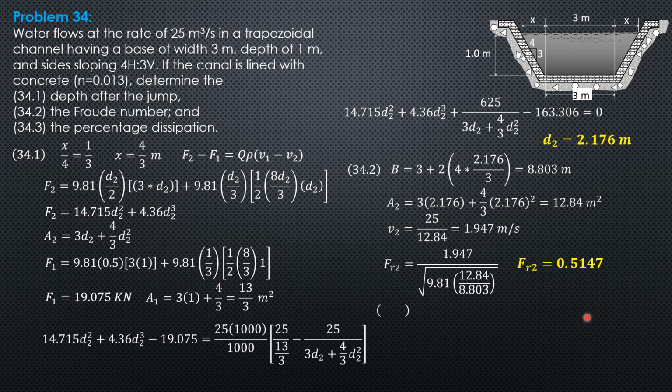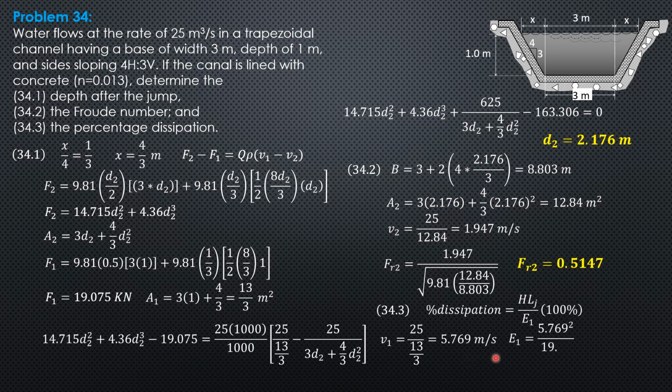Then the percentage dissipation, that's head loss over specific energy 1 times 100%, where head loss is specific energy 1 minus specific energy 2. So V1 is Q over area 1, 5.769 meters per second. So specific energy 1 is 5.769 squared over 19.62 plus depth 1, that is 1. So 2.696 meters.